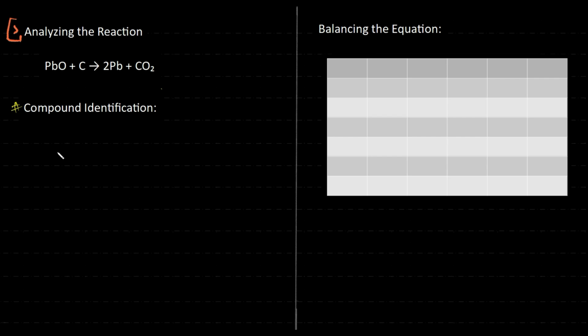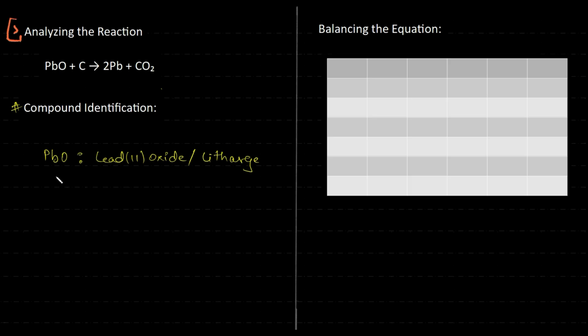So let's look at this reaction. What do we have? We have PbO, which is lead oxide.